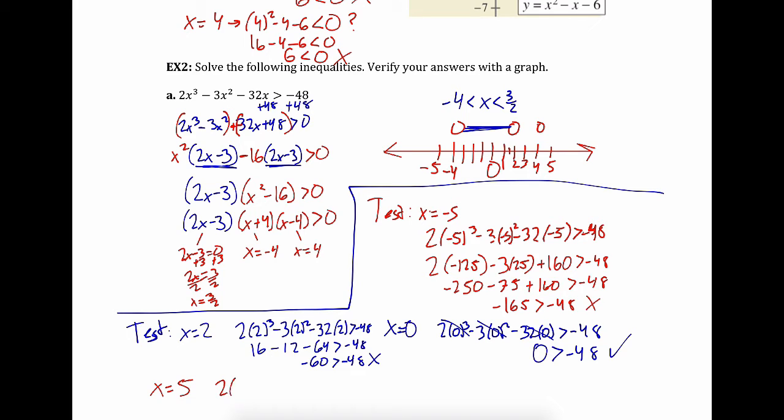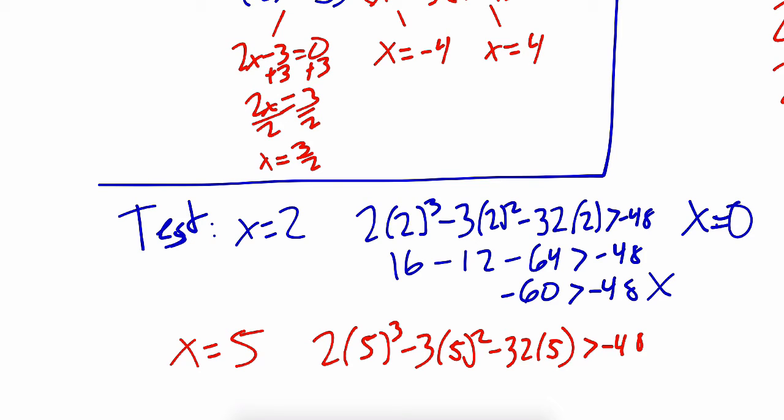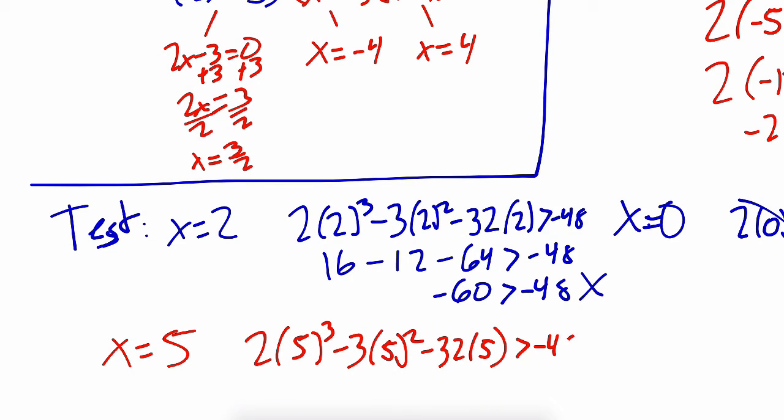We have 2 times 5 to the third minus 3 times 5 squared minus 32 times 5, seeing if that's greater than negative 48. Now we already did negative 5 cubed, which is negative 125, so positive 5 cubed is positive 125. So 2 times positive 125 is 250.